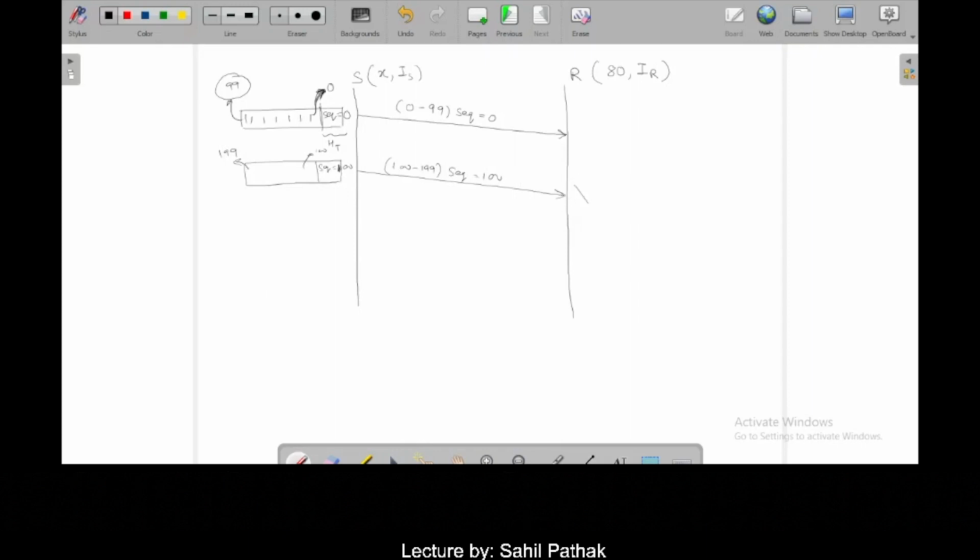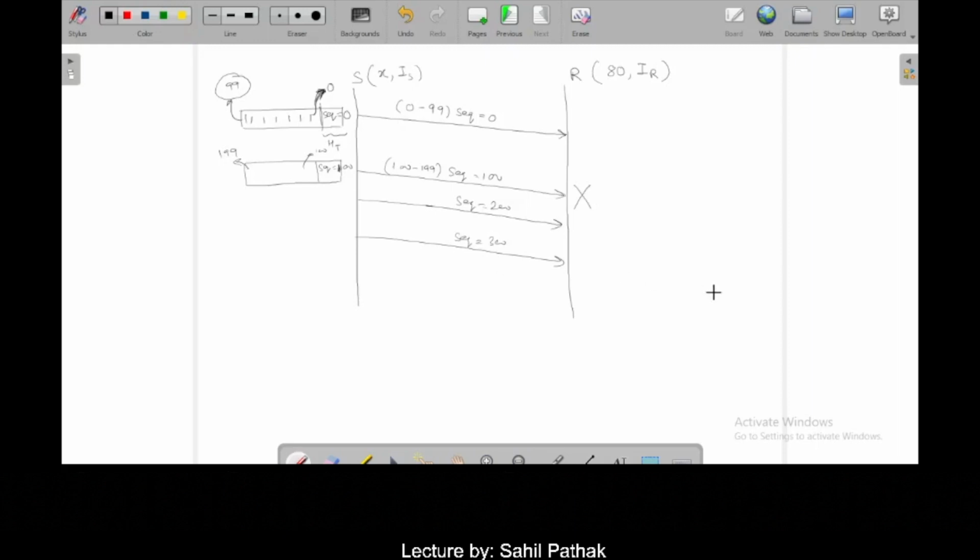Let us suppose it gets lost. Okay, after this further segments were sent. Let's say another segment was sent in which the sequence number of the first byte is 200, so that is why the sequence number in the header is 200. Then another, let's say it is 300, and so on.